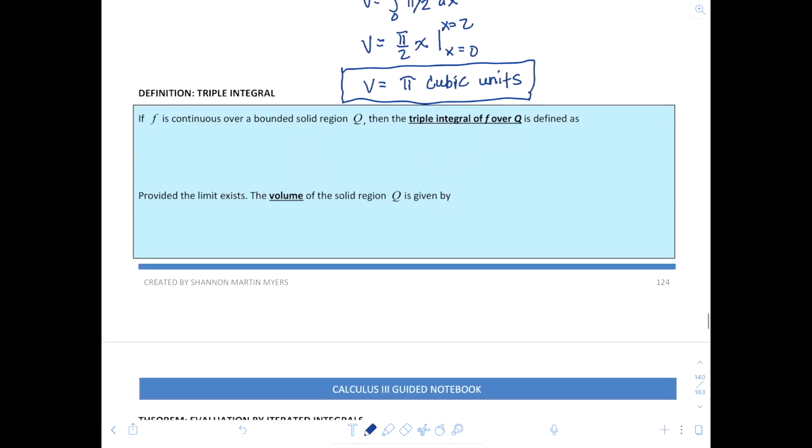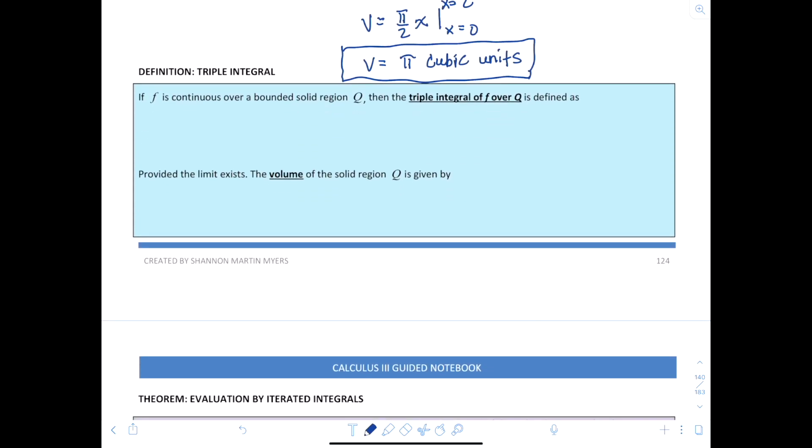All right, so definition, triple integral.